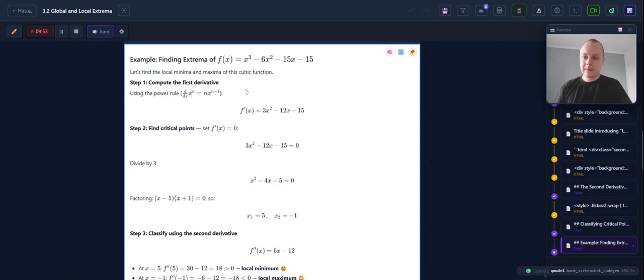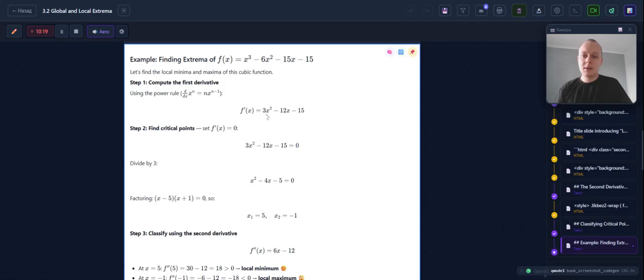Just by applying this rule: we multiply our variable by its power n, and we subtract 1 from the power. It's basically the simplest rule of finding the derivative for simple functions.